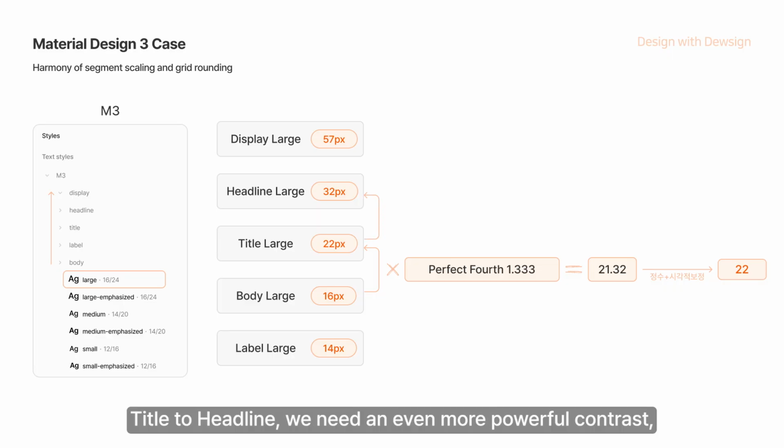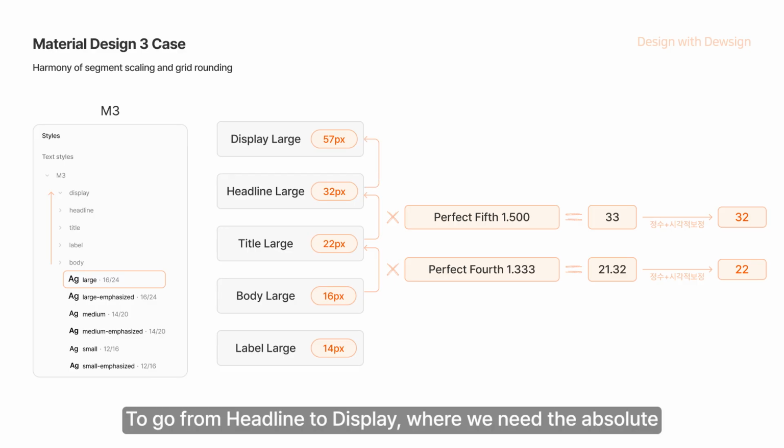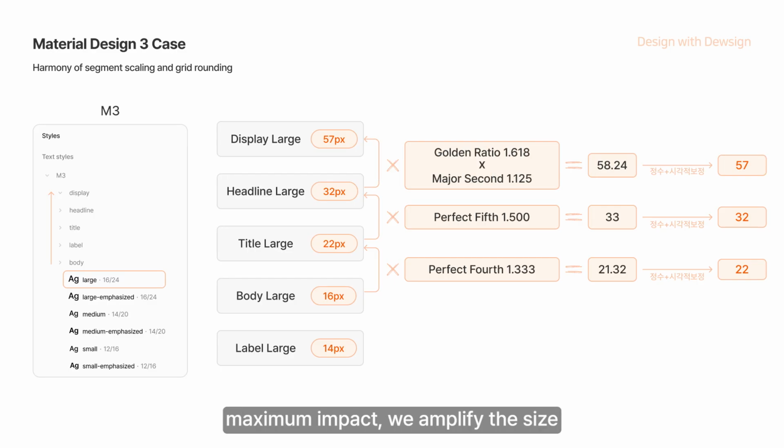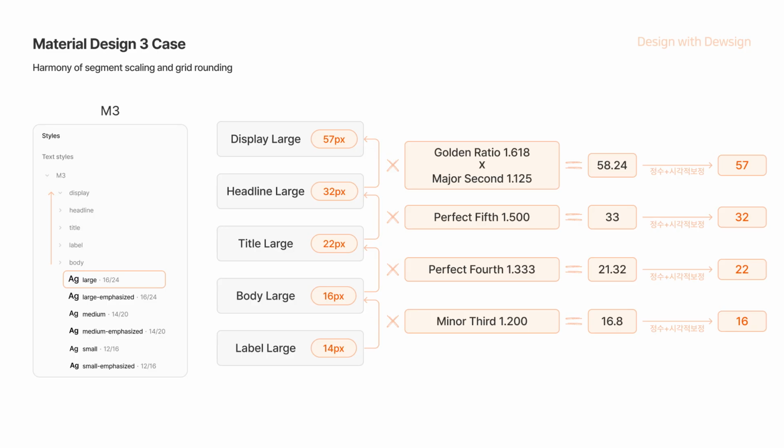When moving from title to headline, we need an even more powerful contrast, so we expand it using a perfect fifth. To go from headline to display, where we need the absolute maximum impact, we amplify the size by combining the golden ratio with a major second. Finally, for the label, we scale down from our 16-pixel body large baseline using a minor third.